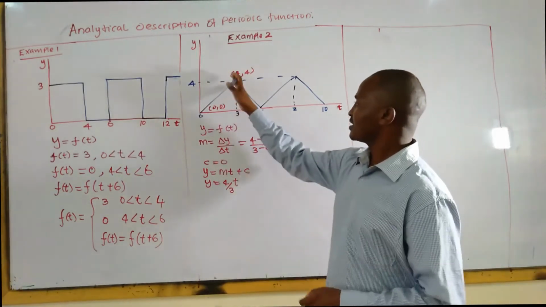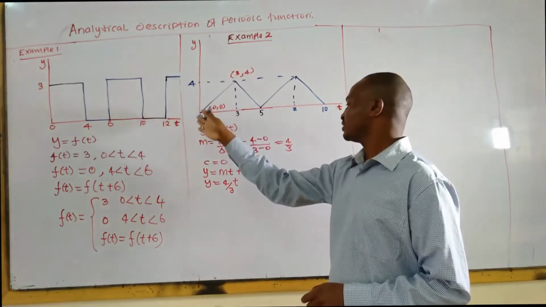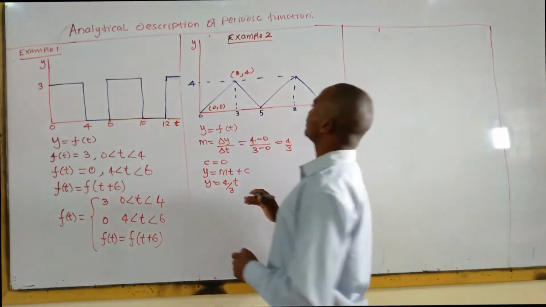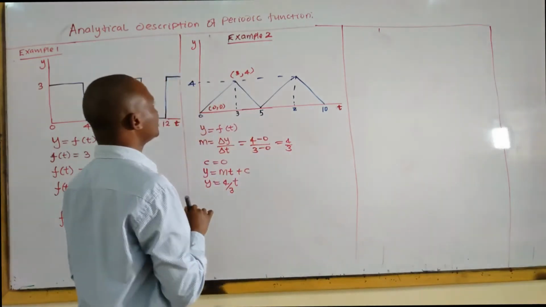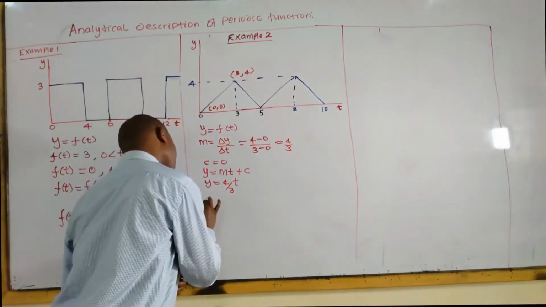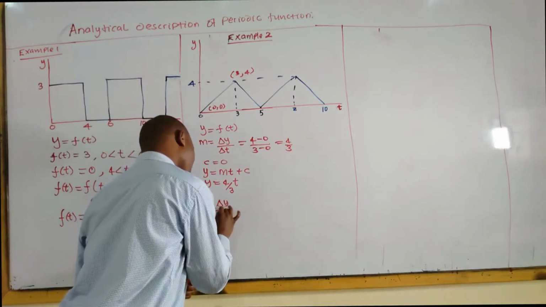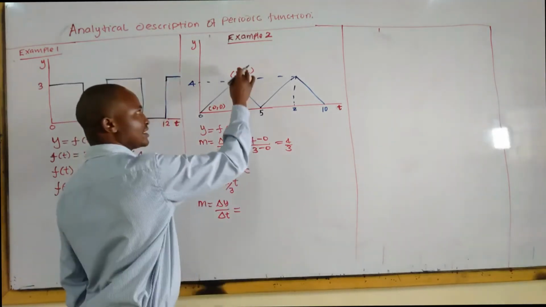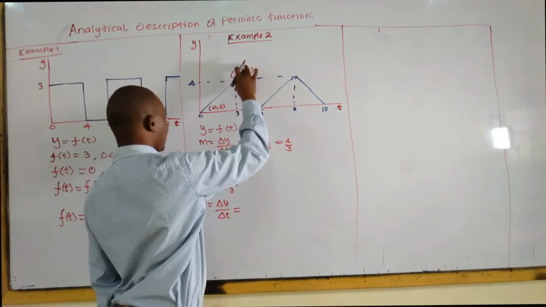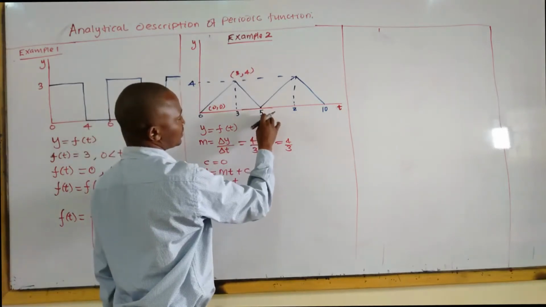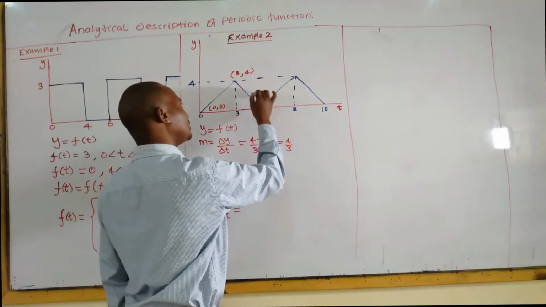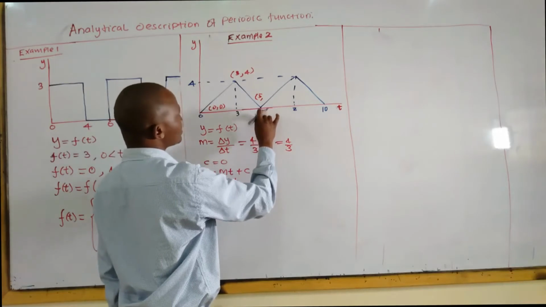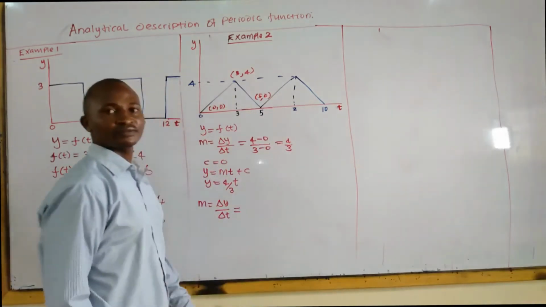Now the equation of this portion of this line. We now find the equation of this line. The new gradient is m is equal to change in y over change in time. Let us take this one as a first point and this one as a second point. This point, the value of time is 5 and the value of y is 0.